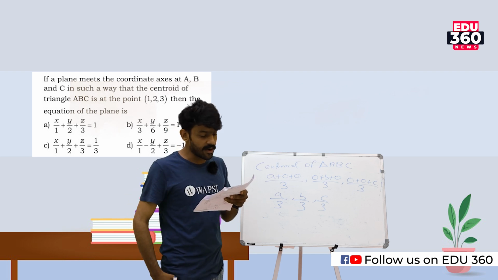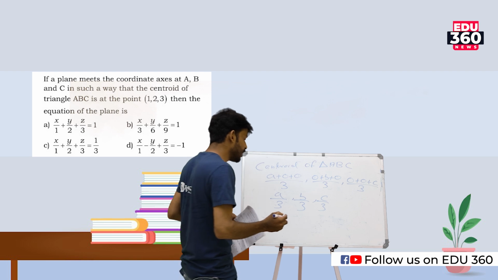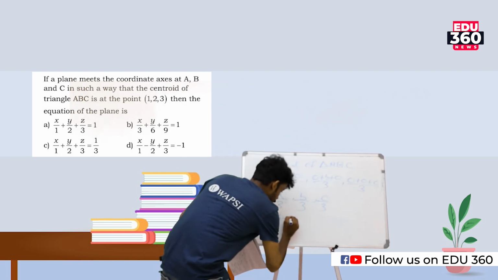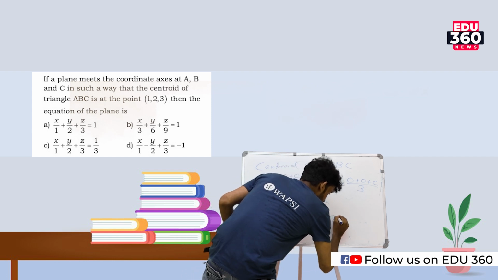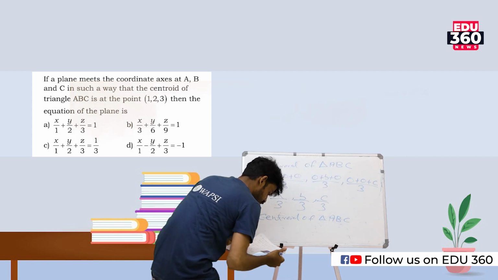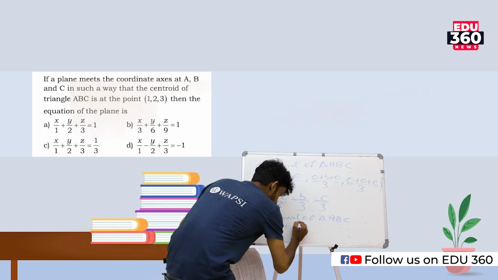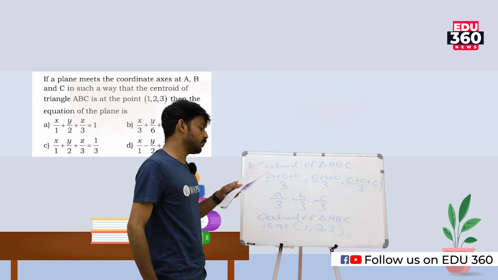It's already given that the centroid of the triangle ABC is at (1, 2, 3).